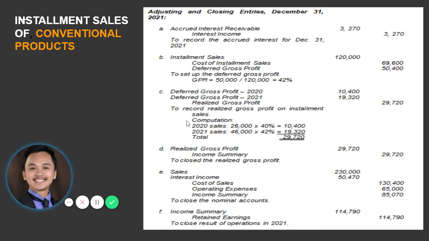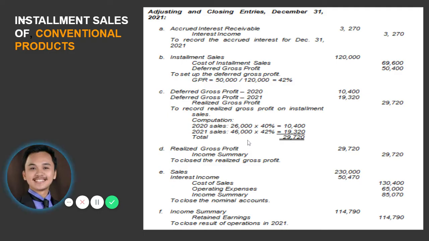Now, this time, let us compute for the realized gross profit. This is what I mentioned earlier, that you need to really take a very careful accounting assessment on which collection or which cash collection will be applicable and which will not be applicable.